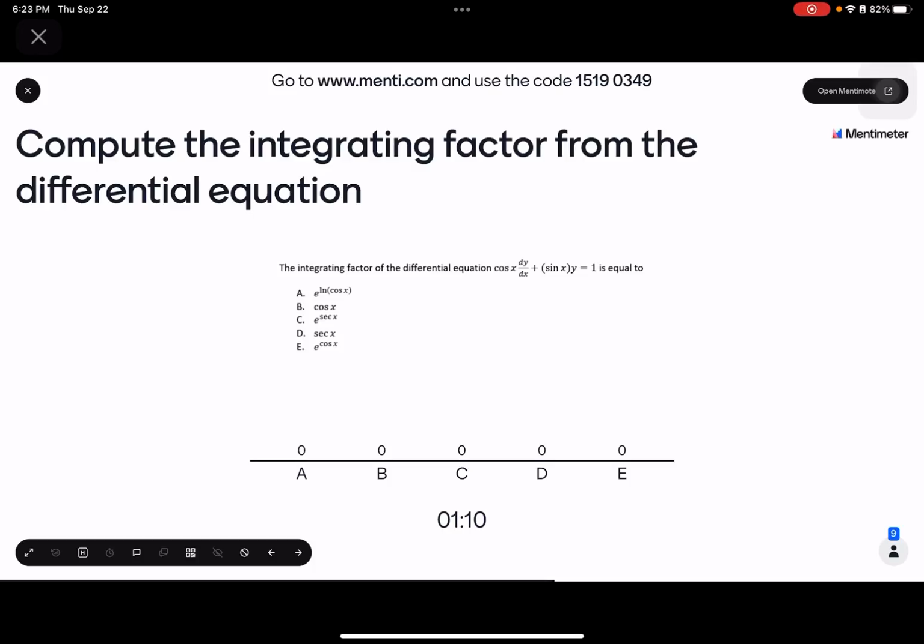Be careful. At least you need to do some integration. But if you remember the result, you can directly go. Or if not, then you need to do some integration. If you forgot, you can refresh your Calculus 1.